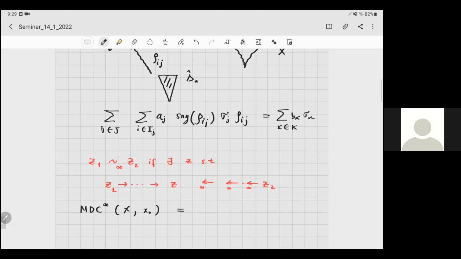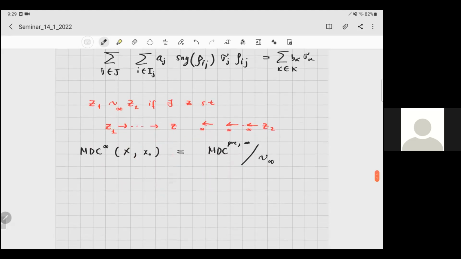It is actually the MD chain group pre-homology divided by this relation. Then with the boundary map, we get the notion of MD homology of x0.